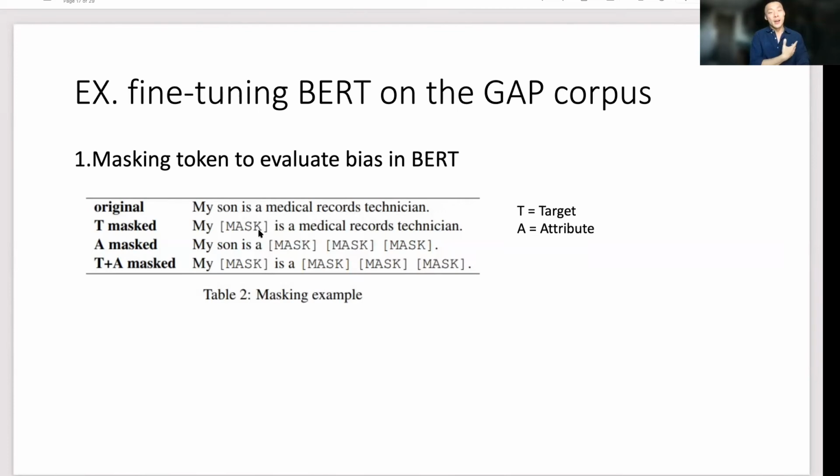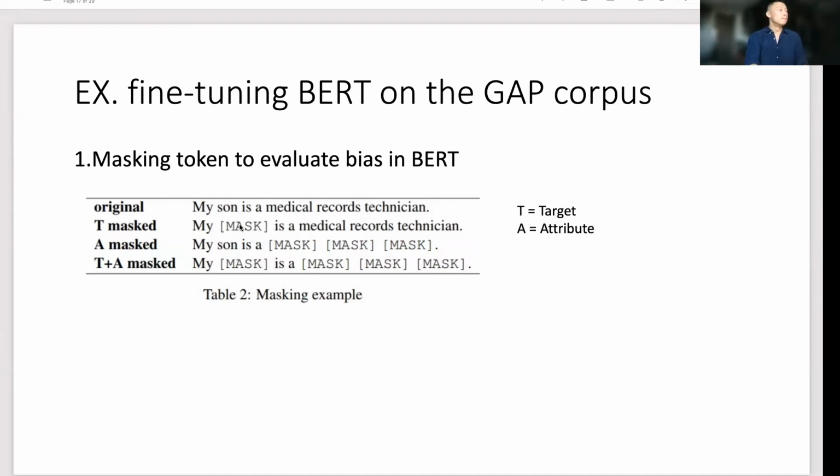If you don't do anything to it, of course, it will try to absorb the statistics in the language, in the data. So most likely, it will guess the word in the mask to be some male word. And that's not what we want, right? That means that the system encodes this bias somewhere.